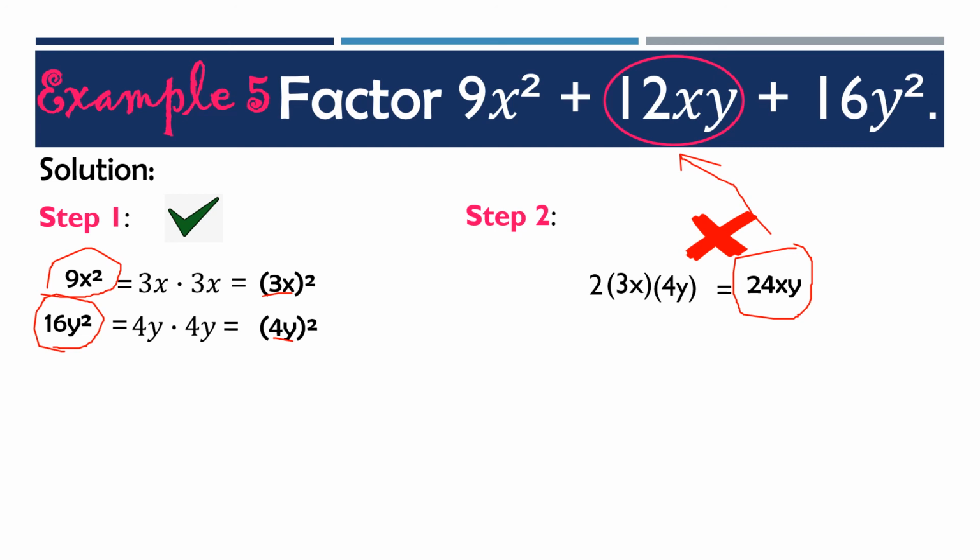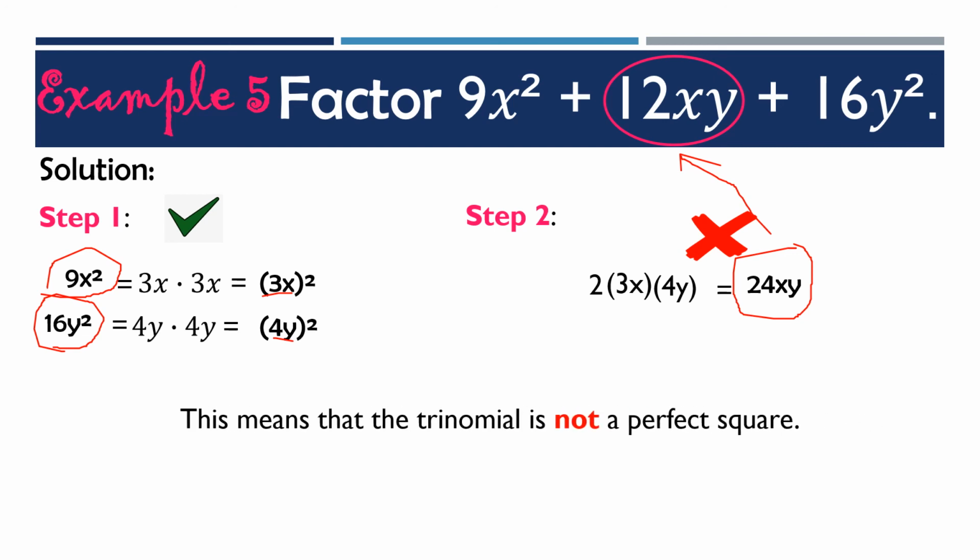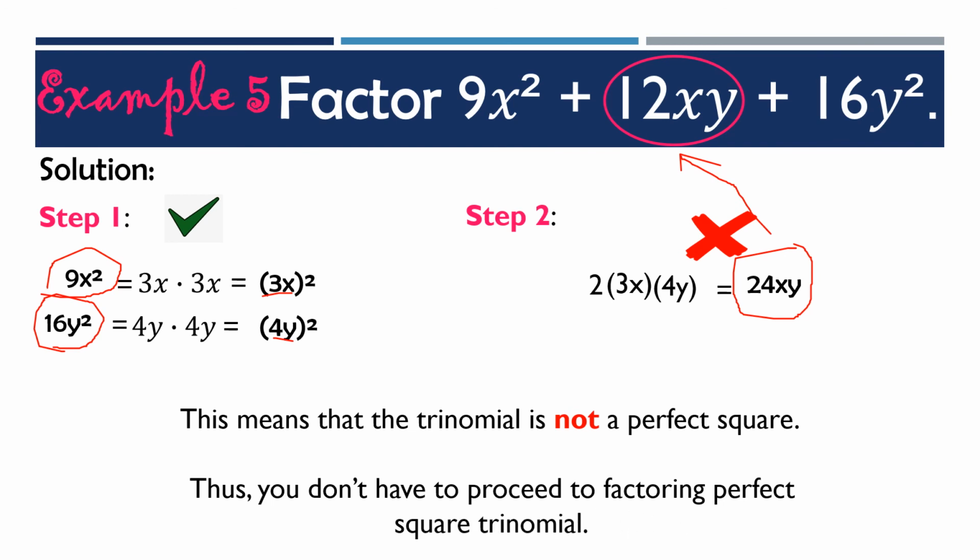No, they are not the same. Hence, this means that the trinomial is not a perfect square. Thus, you don't have to proceed to factoring a perfect square trinomial.